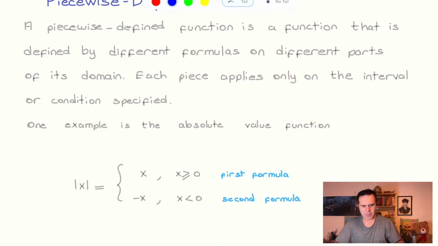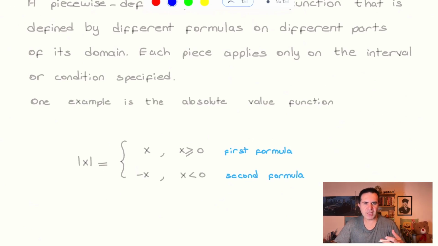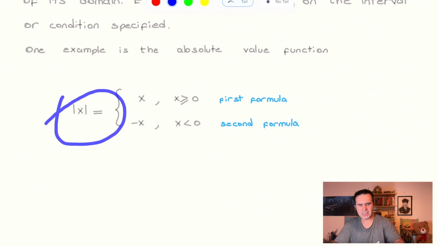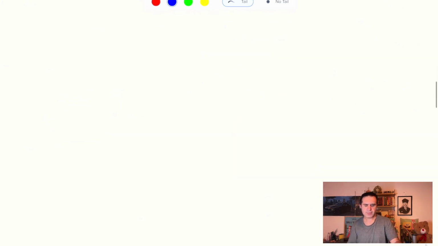One example of a piecewise defined function is the absolute value function. Absolute value of x is defined as x when x is greater than or equal to 0, and minus x when x is less than 0. This is a piecewise defined function.